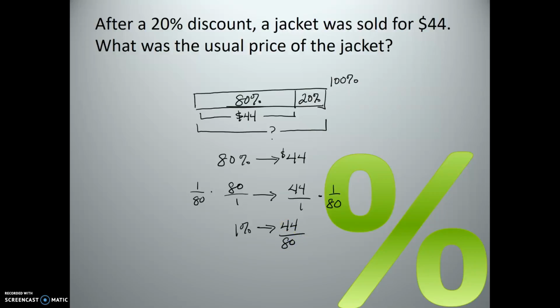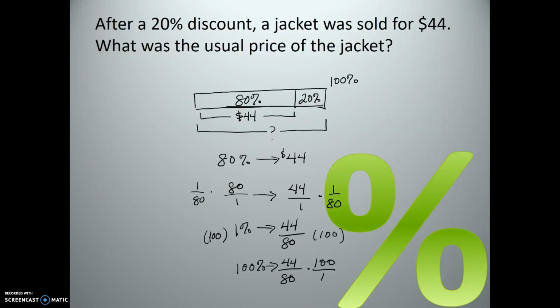And again, I'm not going to solve this quite yet because I'm still looking for 100%. So I'm going to multiply both sides times 100. And I'm going to get 100% equals 44 over 80 times 100 over 1.